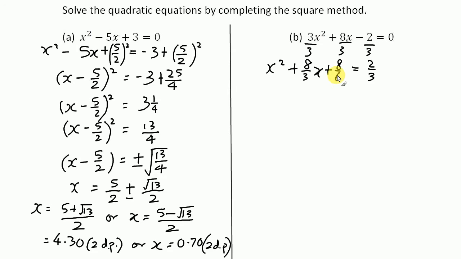So let's change it to 4 over 3. And we square it. Since we are adding this to the left, we must also add it to the right side.